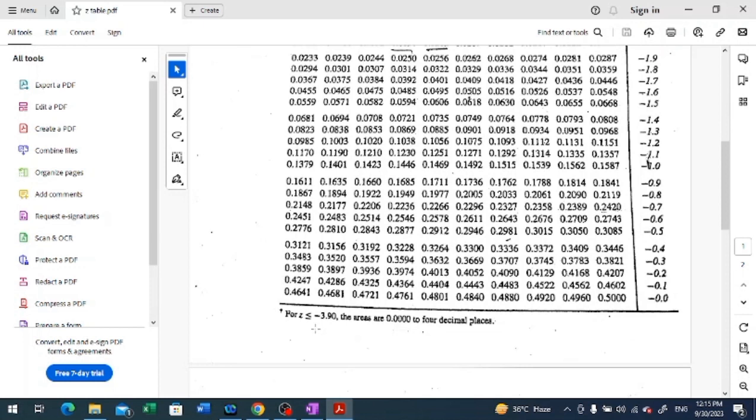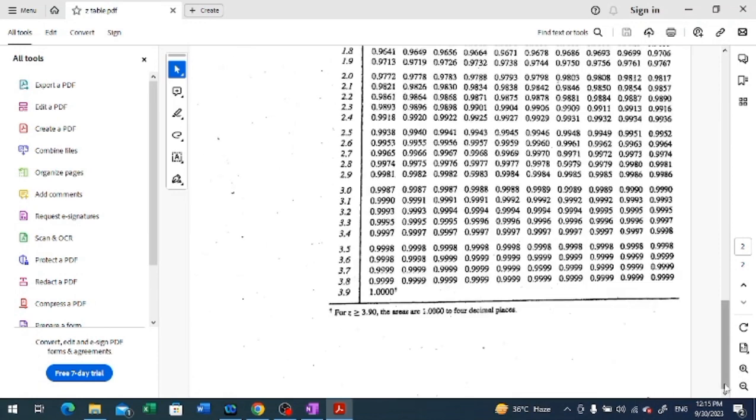In the negative z table, at the end of it, in fact, we are given a statement that for any value of z less than or equal to minus 3.9, the area is 0. Similarly, for any value of z greater than 3.9, the area is 1.